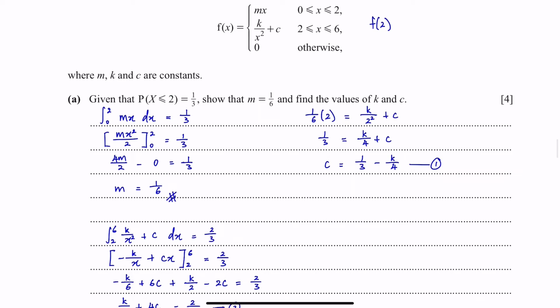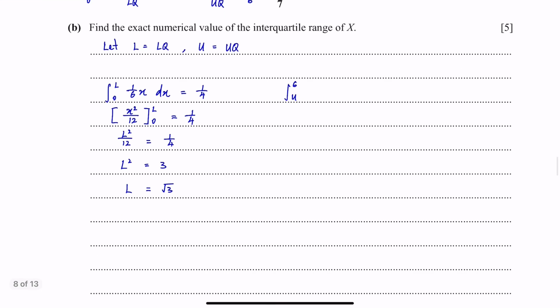So the graph would be k over x squared plus c, which is 1 over x squared plus 1 over 12. Integrating this, we will get negative 1 over x plus x over 12, equals 1 over 4.